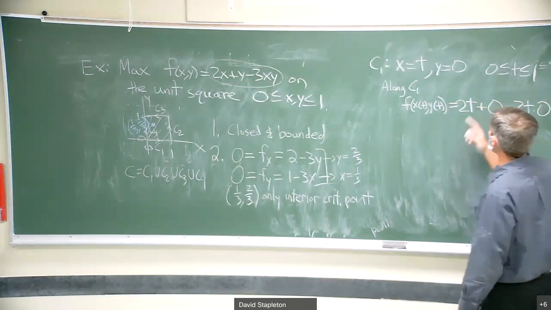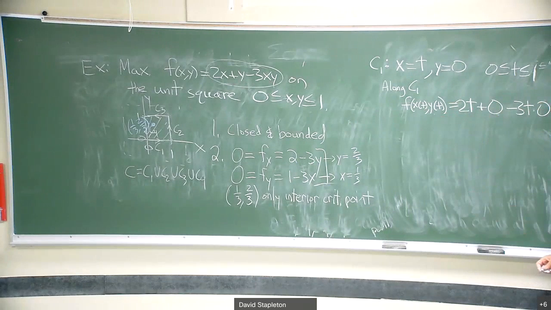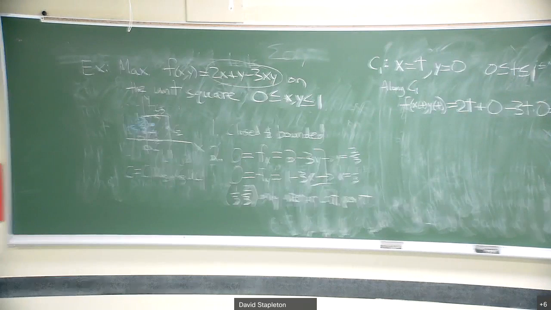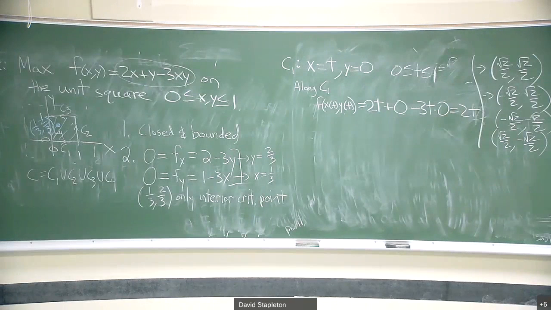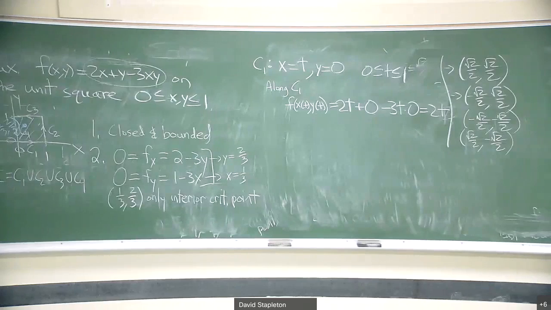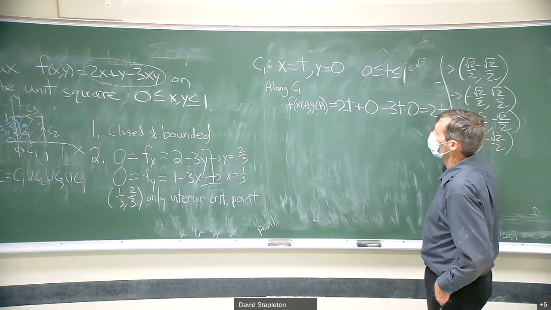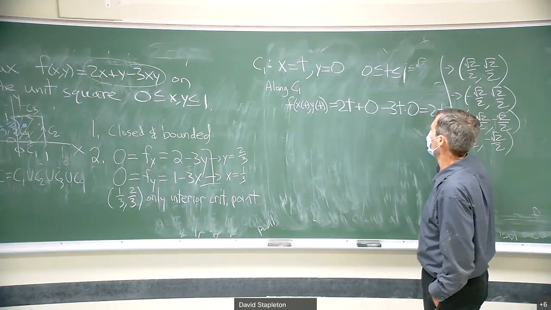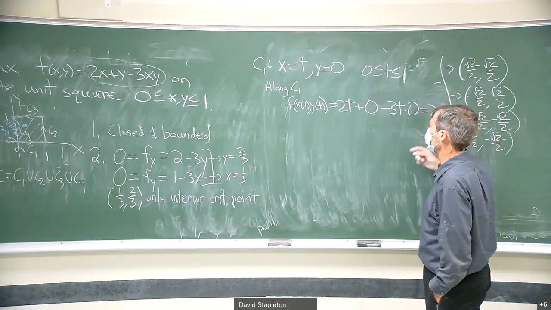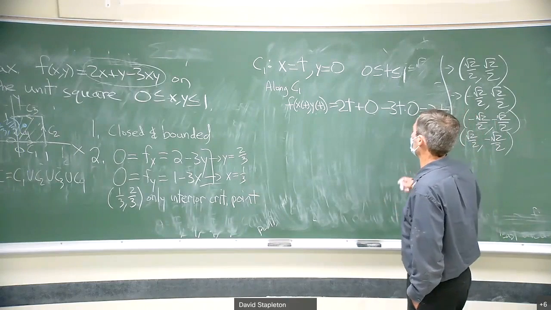As you move along the boundary, this time we're just finding the maximum, so we're trying to maximize 2t. Let's find the max and the minimum.